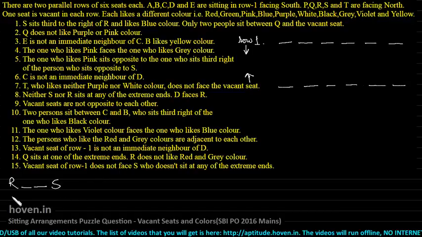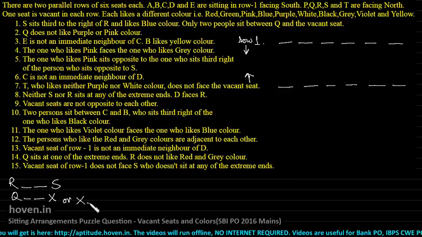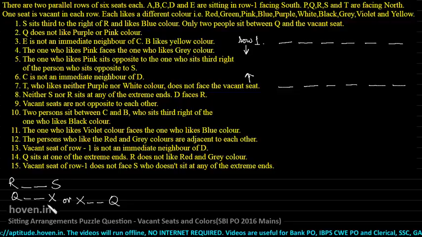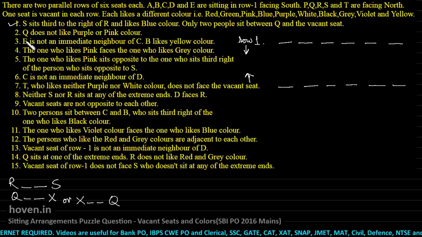So we have either a possibility like, I'll mark vacant seats by X, this is the possibility, or X space space Q. They haven't said who is to the right or left. So we have these two possibilities that are at present possible. Next he says, we have consumed this one, so we can temporarily tick mark.